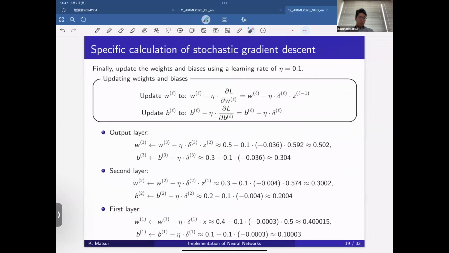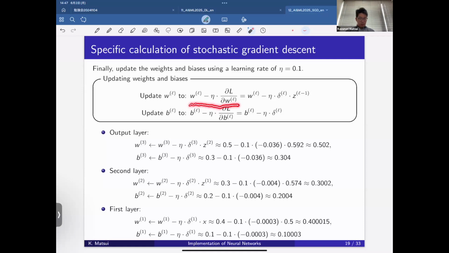The way to update weights and biases is to update WL to WL minus eta times dL/dWL.